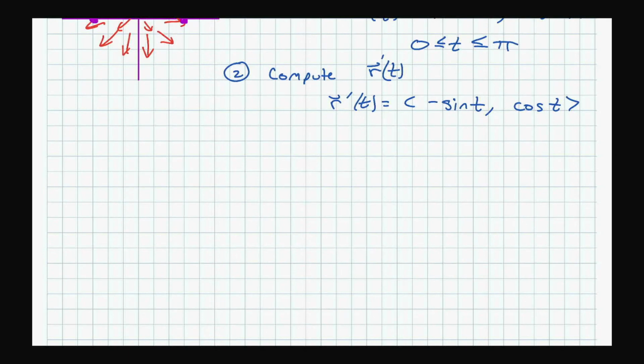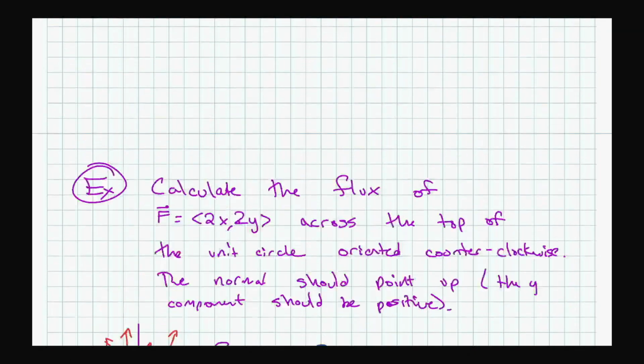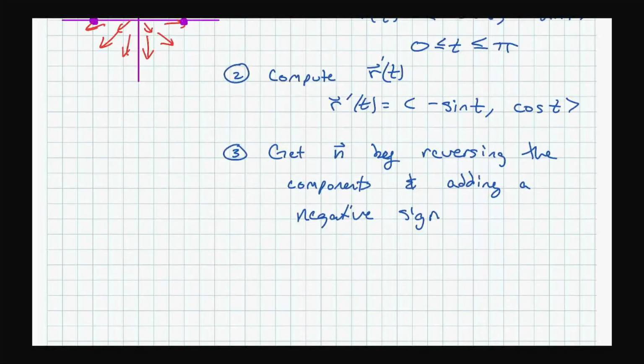Then to get the normal vector, which I'll make a separate step, you reverse the components and add a negative sign to one of them.